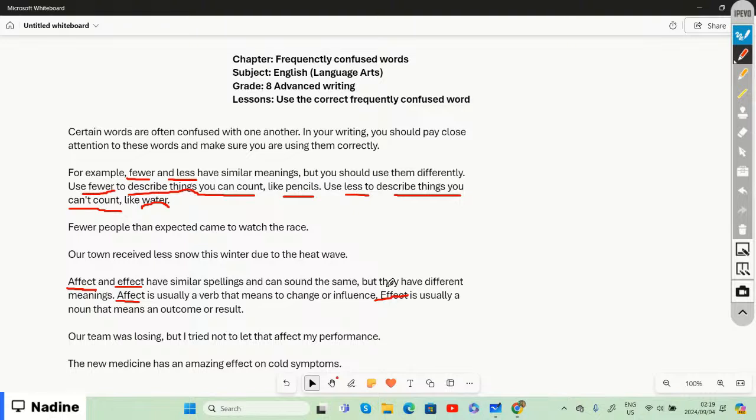And when you write, you're going to have to pay close attention to these specific words and make sure that you don't use them in an incorrect way. They need to be used in a correct way.